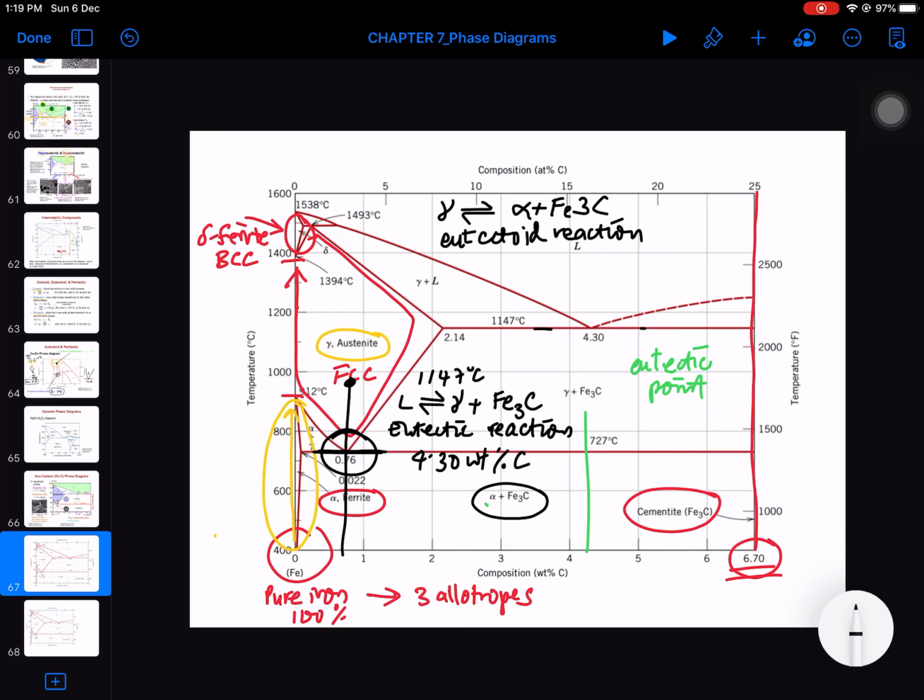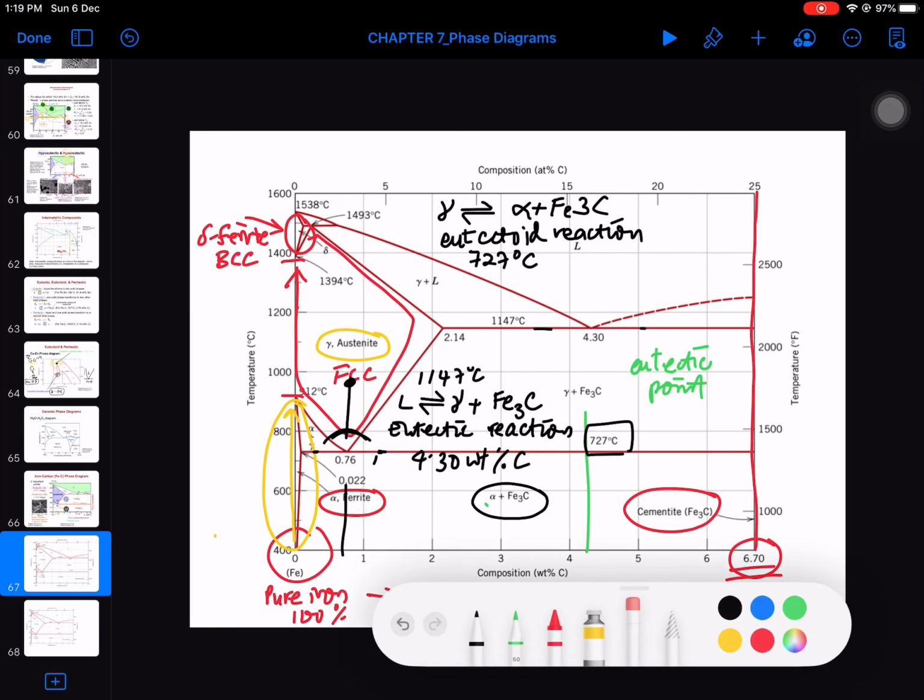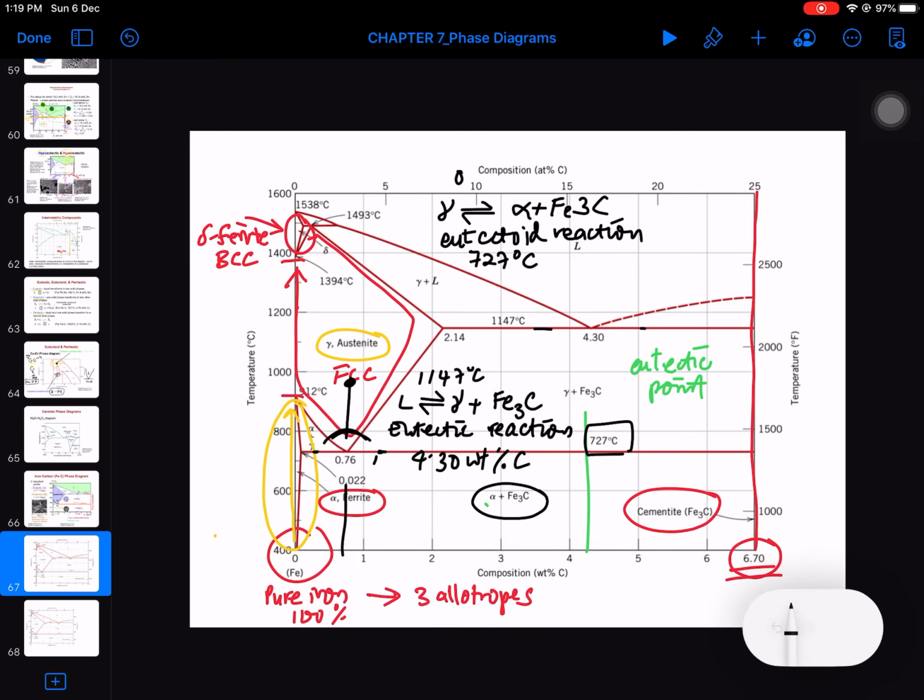So this is the most important invariant point in the steel industry as far as steel is concerned. And it occurs at the temperature of 727 degrees centigrade, and the composition is 0.76 weight percent of carbon.